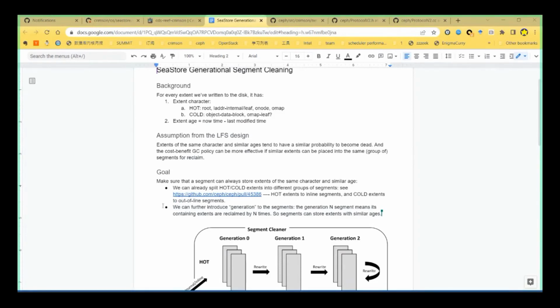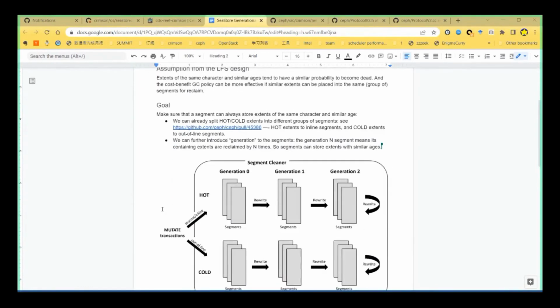And there are two factors. The first is that we can already split hot and cold extents into different groups of segments. It is just a configuration, and we can enable that so that hot and cold extents will be placed into different segments.